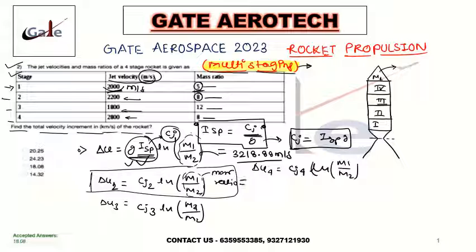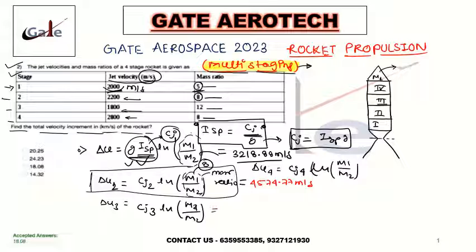Similarly, if you calculate for the second stage, the mass ratio they have given is 8, and Cj they have given 2200, right? Okay, let me change the color. Yes. So if you put in all these values and simplify, you will get 4574.77 again meter per second.